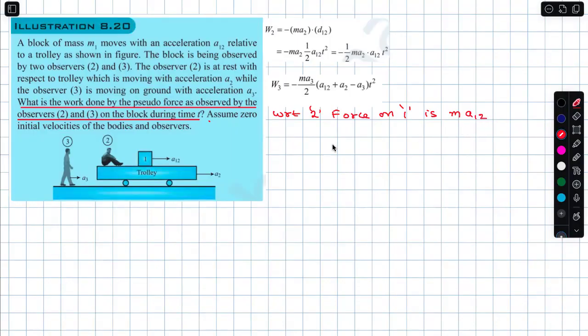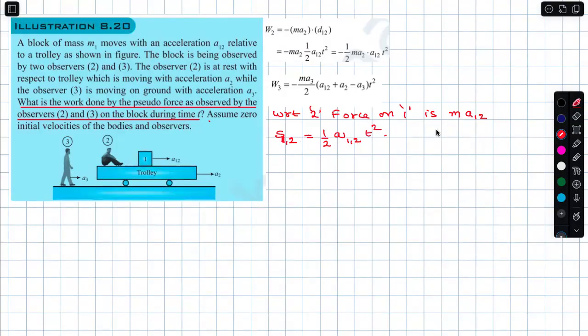Now you need to find the displacement. The displacement of 1 with respect to 2 is half acceleration of 1 with respect to 2 into t square.